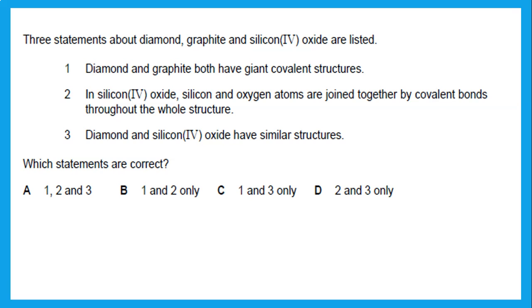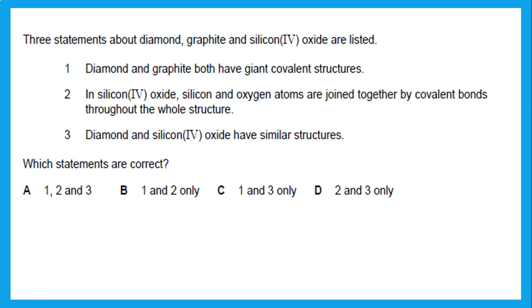Three statements about diamond, graphite, and silicon dioxide are listed, and which statements are correct? So let's take a look at the statements. Diamond and graphite both have giant covalent structures. Yes, that is correct. What about the second one? In silicon dioxide, silicon and oxygen atoms are joined together by covalent bonds throughout the whole structure. Yes, that is correct.